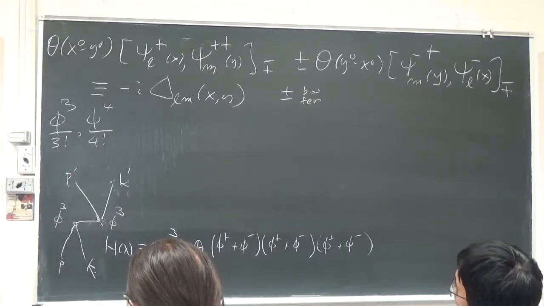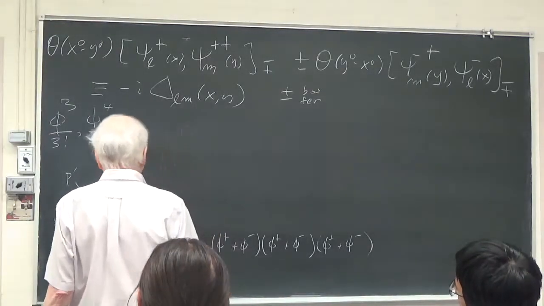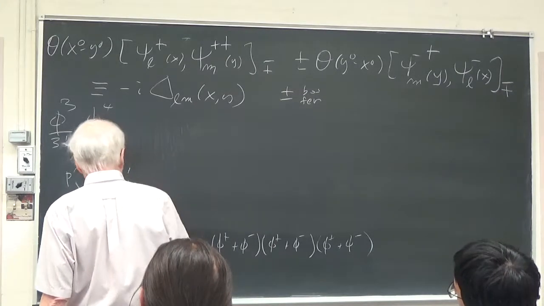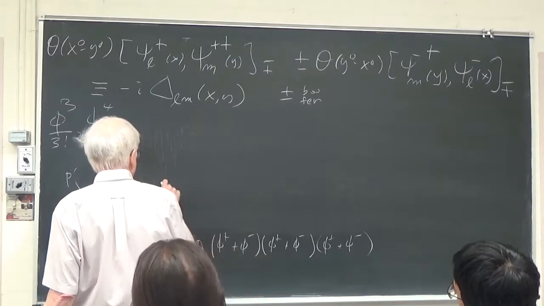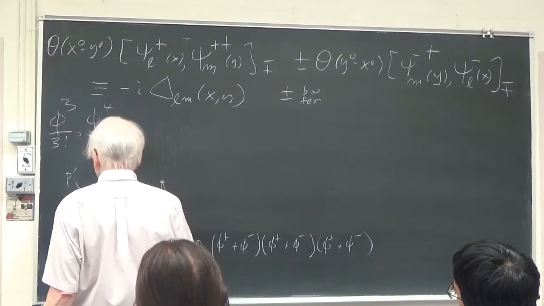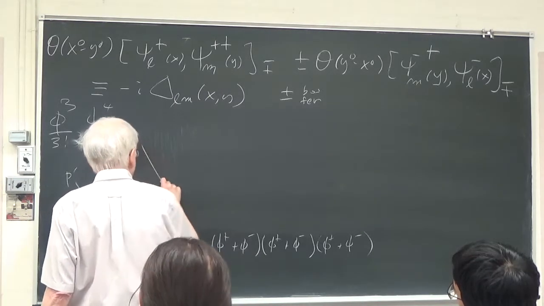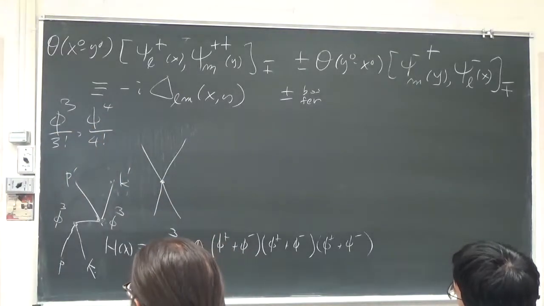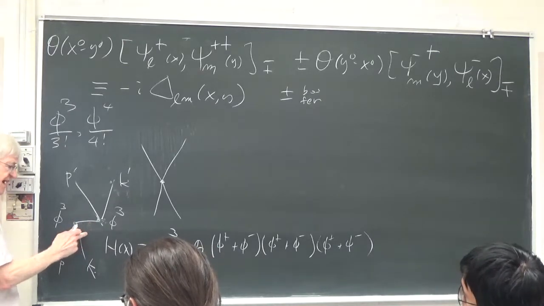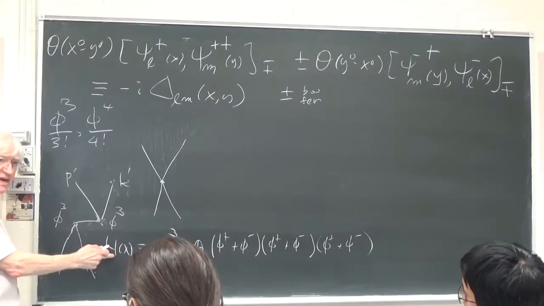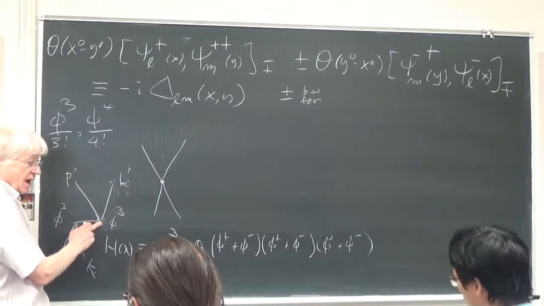Let's see. What does phi 4 look like? Yes. Okay, great question. In this case, the lowest order term is first order. You see here with phi cubed, you couldn't get a scattering process with only one factor of H. So you need H of x, H of y.